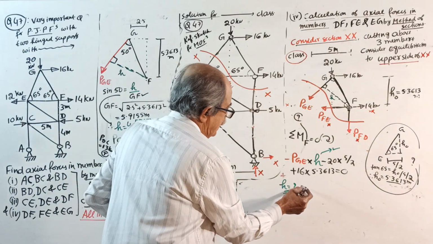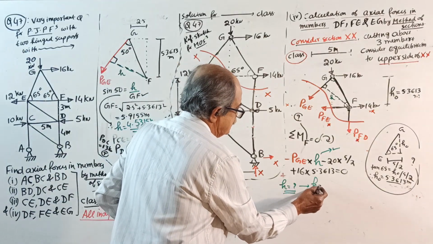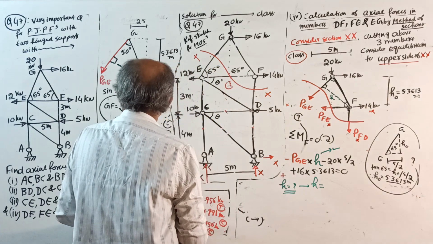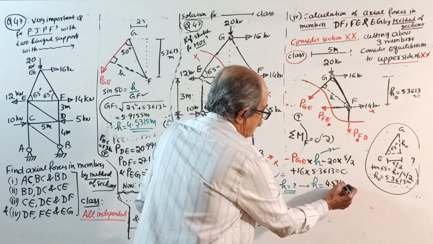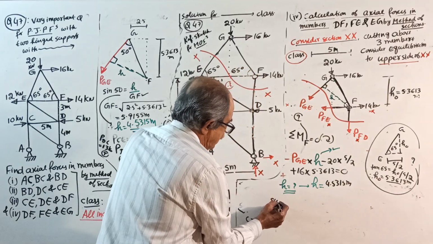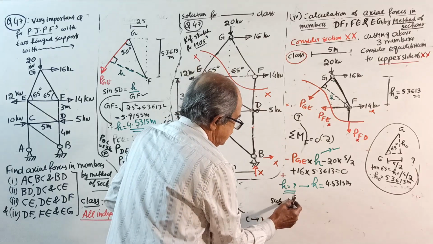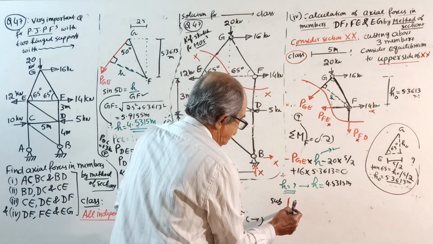Now do one thing. Come here. H is over. We got H equal to how much? H equal to 4.5315 meter. Substituting, we get PGE, red color.